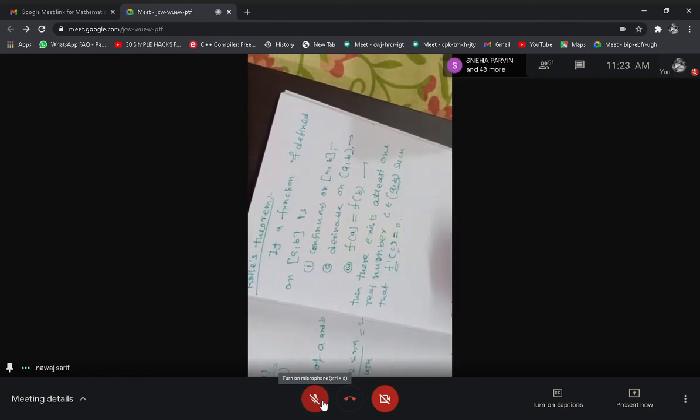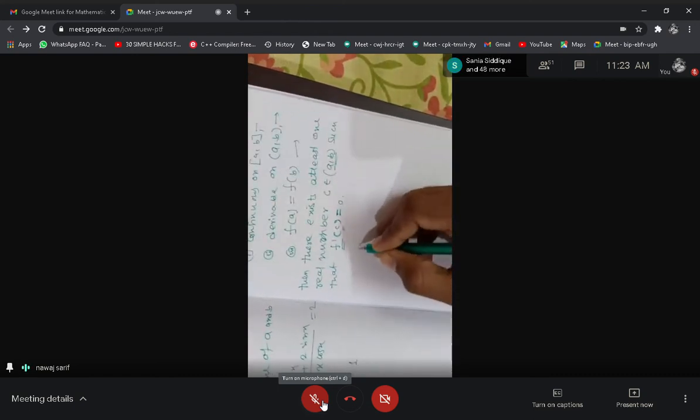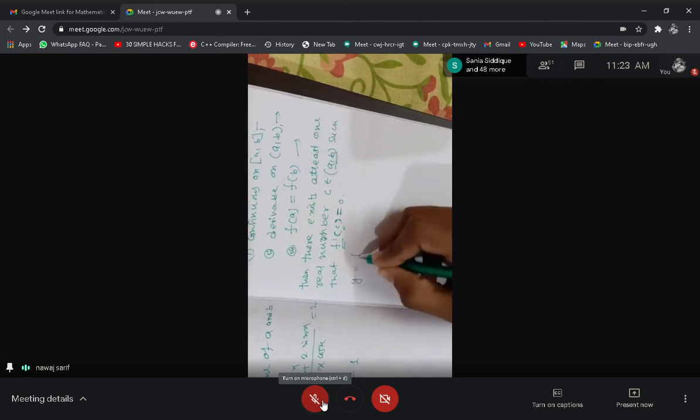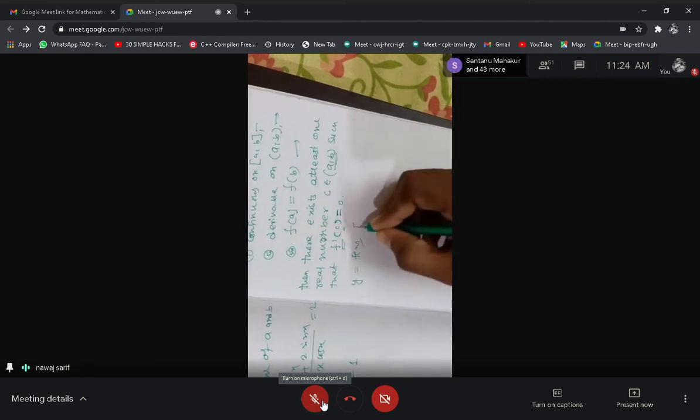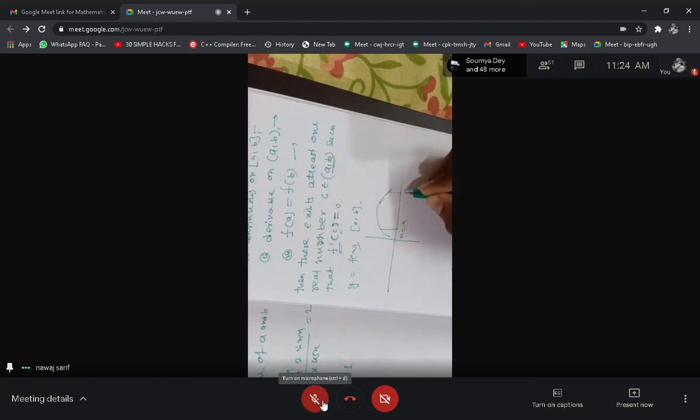Yes, exactly. Let's try to draw a graph. Let y equal to f(x) be any function in the interval [a, b]. Now see that this is the point x equal to a, and this is the point x equal to b.